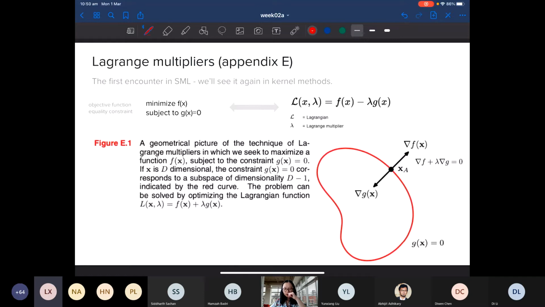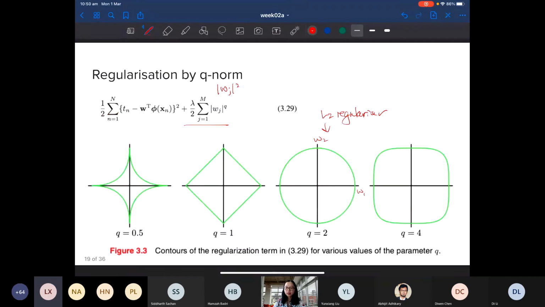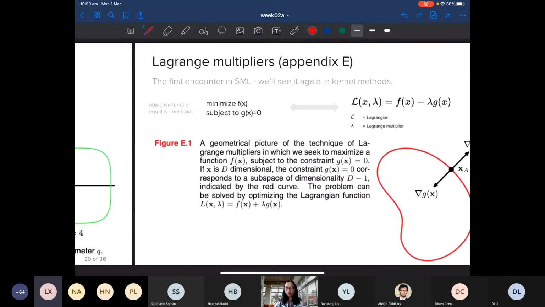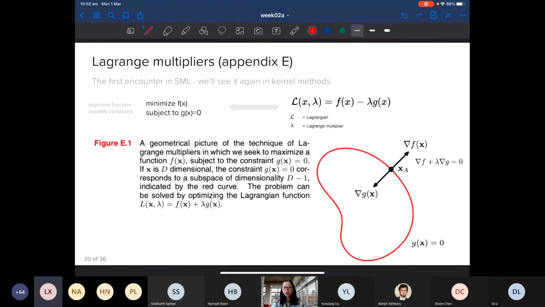So this can be counterintuitive. So what? This is the first part of Appendix 8, and you can read about it. But basically, what it says is that g of x equal to 0, or in our case, the w lying on, let's say, a circle or a diamond shape, is equivalent to a curve, right?